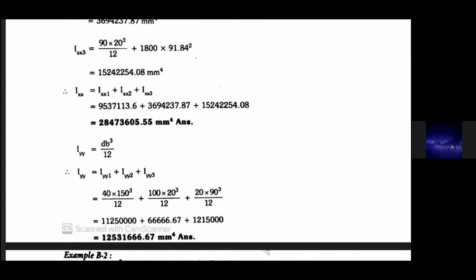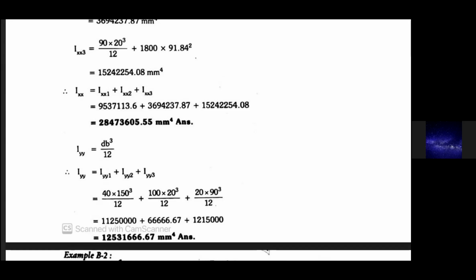Next, Iyy is equal to Iyy1 plus Iyy2 plus Iyy3, directly. It is symmetrical about the y-axis, so I just have to add the moment of inertia of the individual parts about their own centroidal axes.